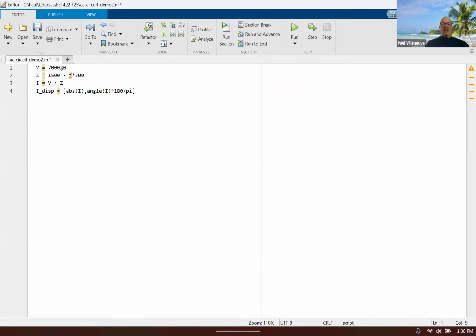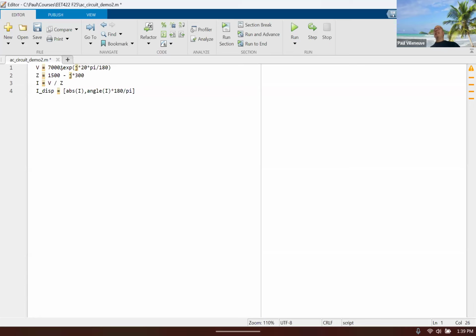M e to the j theta is 7 times E, which is exp, times J times theta. But 20 degrees is not 20 radians. So I have to multiply that by pi over 180 to convert to radians, correct?